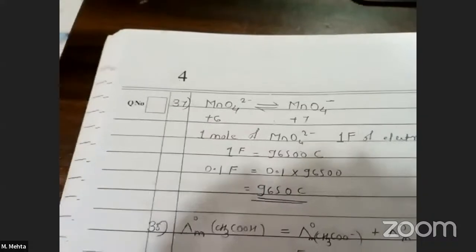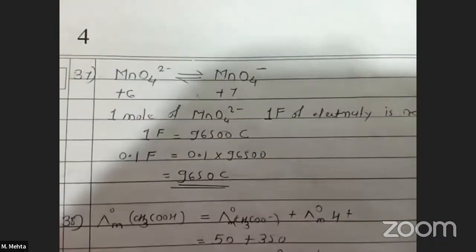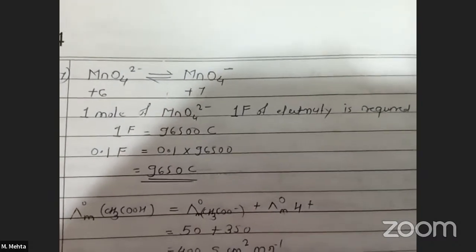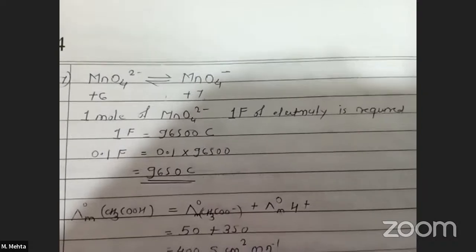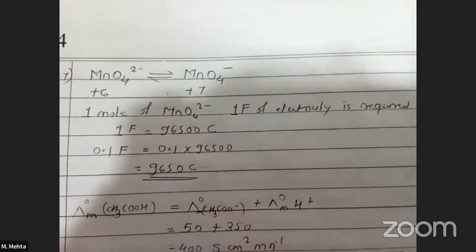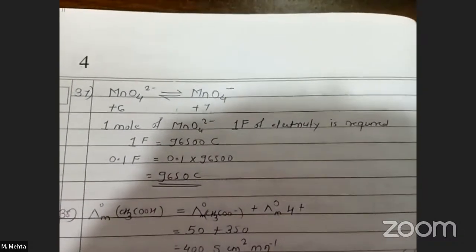So if you find out the oxidation state, in MnO4 2- the oxidation state of Mn is +6, and in MnO4- the oxidation state of Mn is +7, which means there is a transfer of 1 electron.